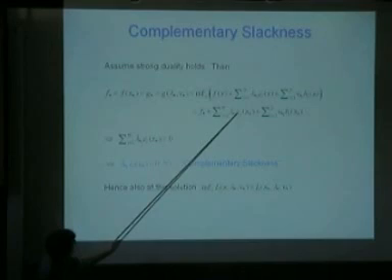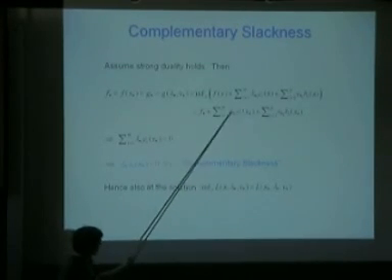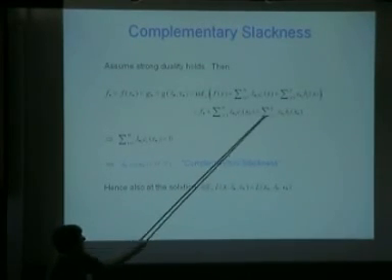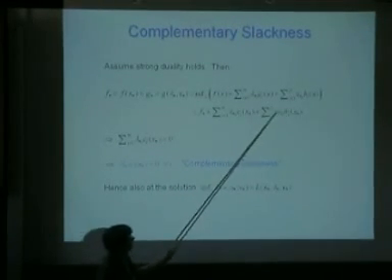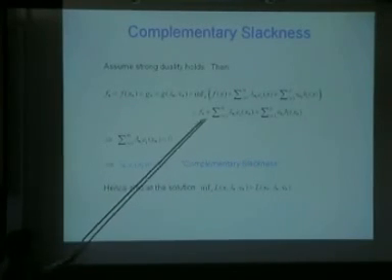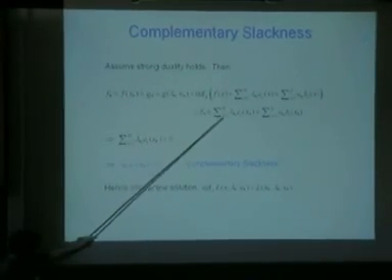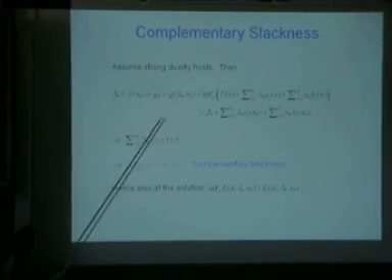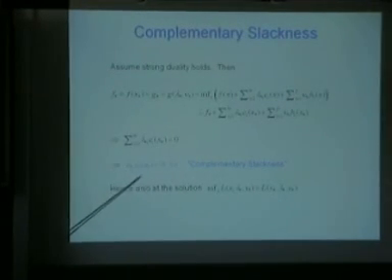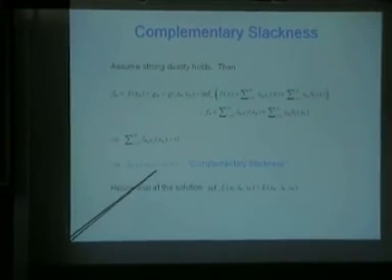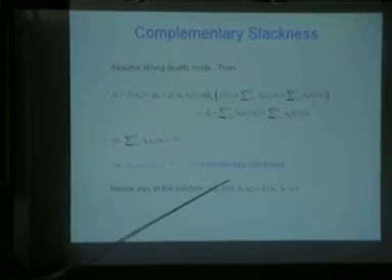These are negative or 0. These are 0 because they're equality constraints. These can at most be 0, otherwise they're negative. But they have to be 0, otherwise the inequality can't hold. And that means that this is the solution. And that means, since all of these are negative, each of these must be 0. And that's complementary slackness.